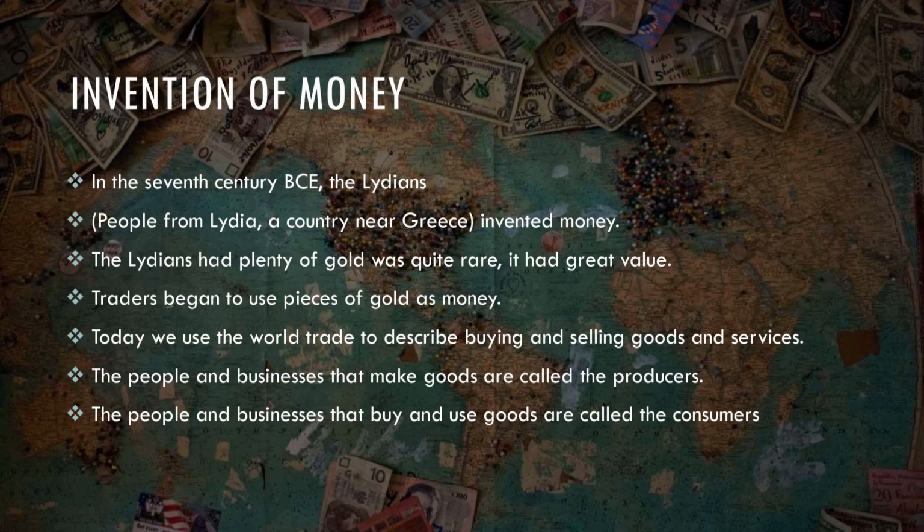Again, I repeat it. The people and businesses that make goods are called the producers. And the people and businesses that buy and use goods are called the consumers. Clear?